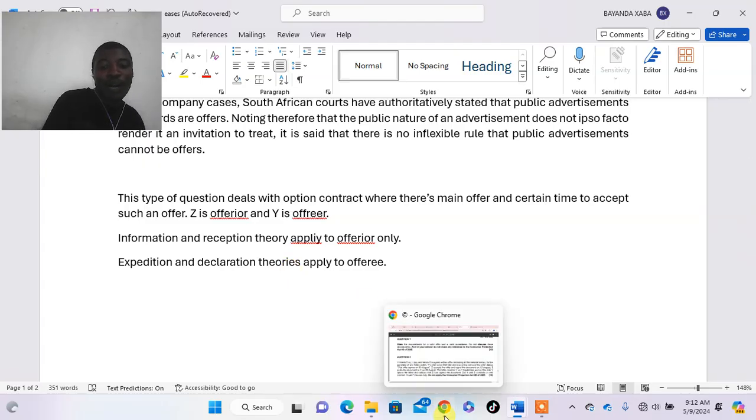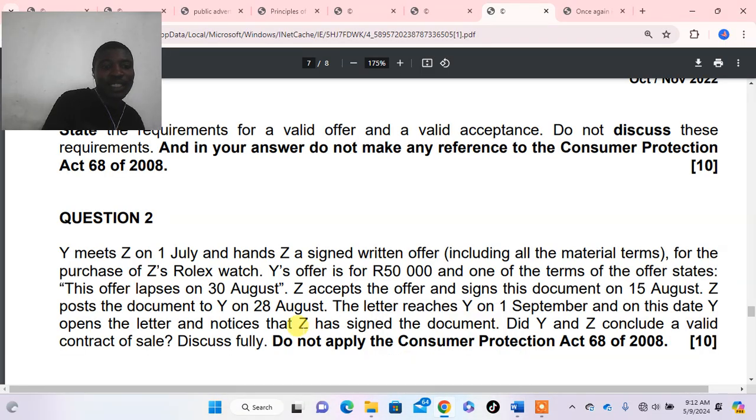So let's go back to our statement now. Z is the one selling a watch, and Y is the one offering 50,000 to Z for a Rolex watch. The offer was lapsing on the 30th August. Z accepted the offer and signed the document on 15 August.